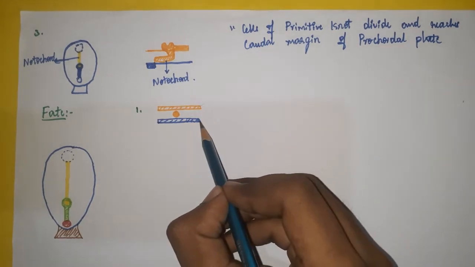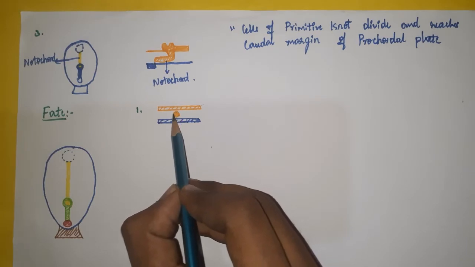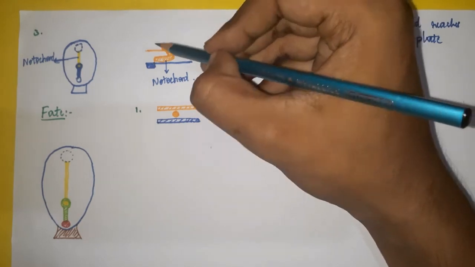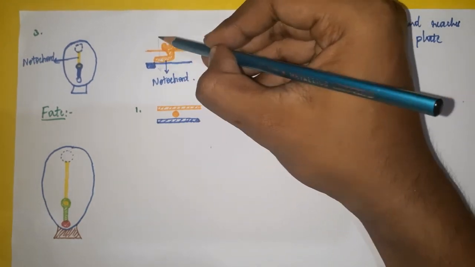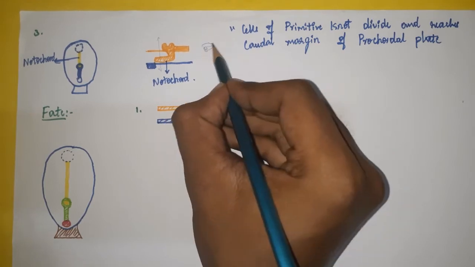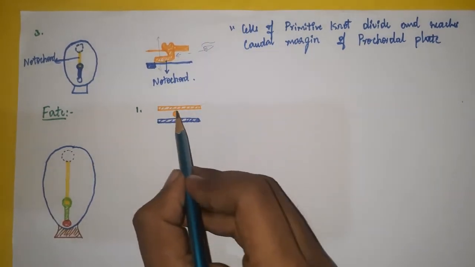Remember, this is ectoderm, this is endoderm. Notochord is formed by ectoderm. Okay, I will take a section, I will cut like this, and I'm going to view this section. This is my eye. In this angle, I'm looking from behind. This is how it looks.